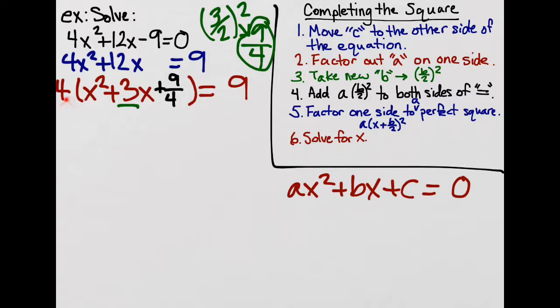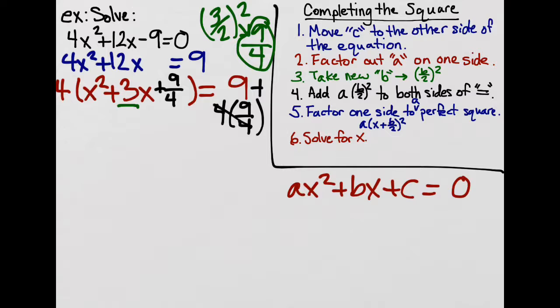So you want to make sure that we add the exact same thing to both sides. So we have to add 4 times 9/4 to the other side as well. Now in this case, that's nice because 4 over 4 just cancels, and really we're adding 9 to the other side. So that'll simplify our fractions a little bit.